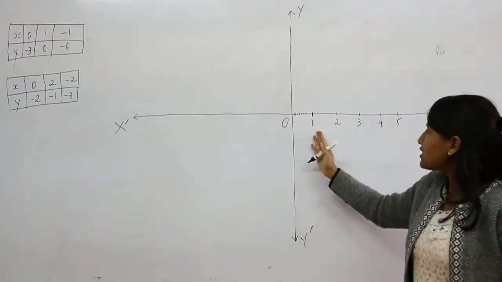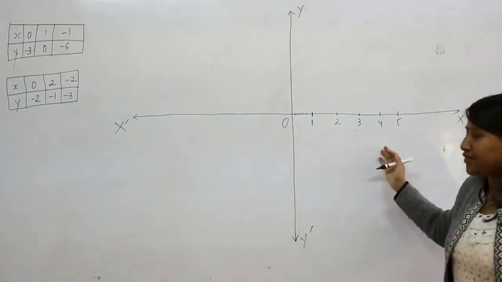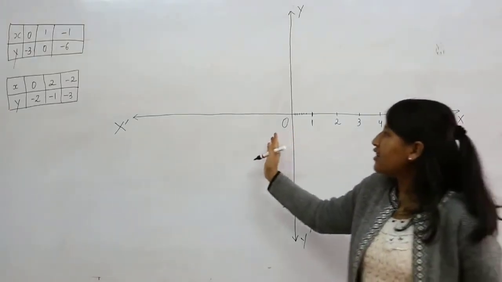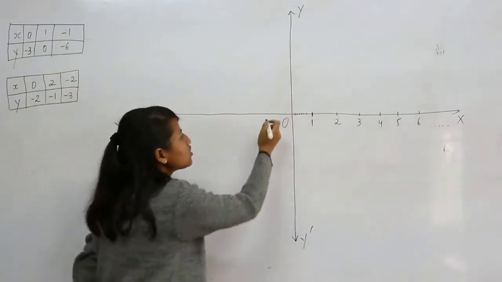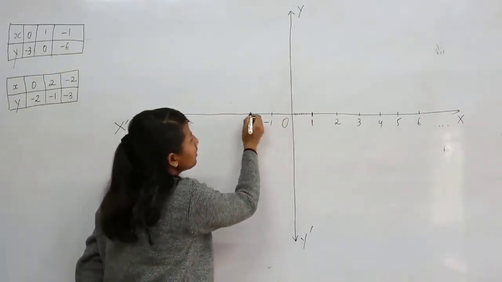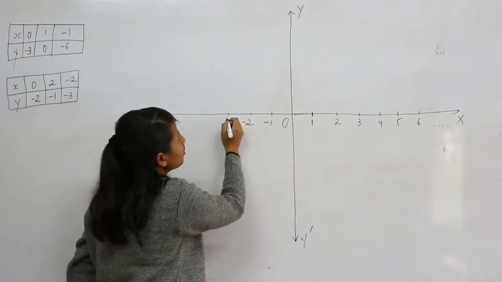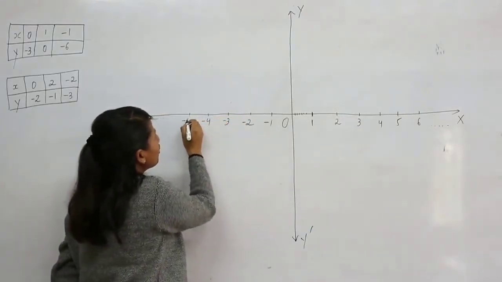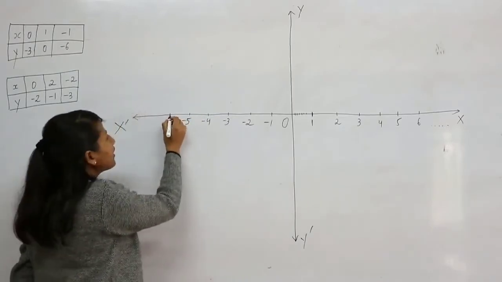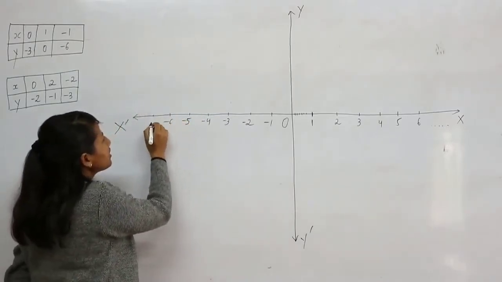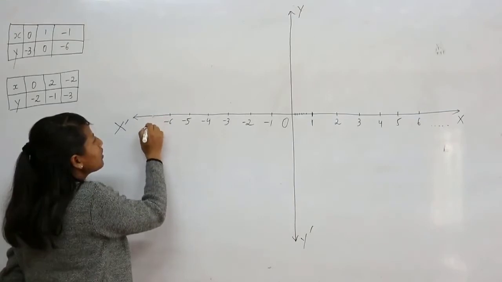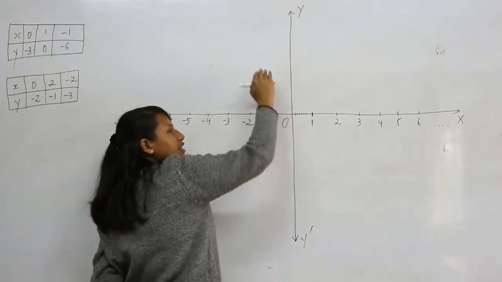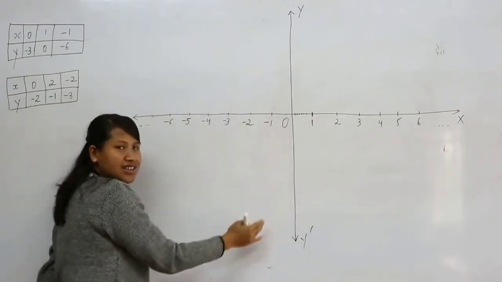Now this side, you know that it is always positive, and this side they are negative. So minus 1, minus 2, minus 3, minus 4, minus 5, and then minus 6, and so on. Now this side is positive and this side is negative.